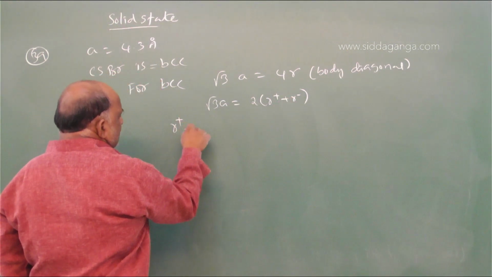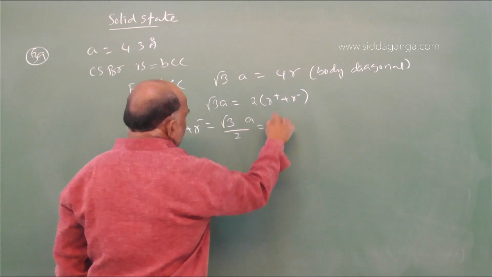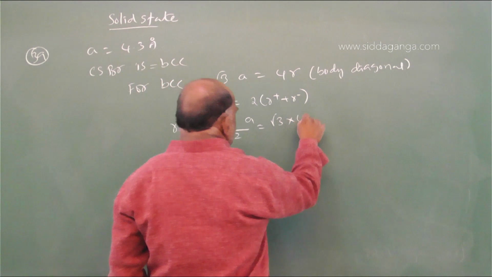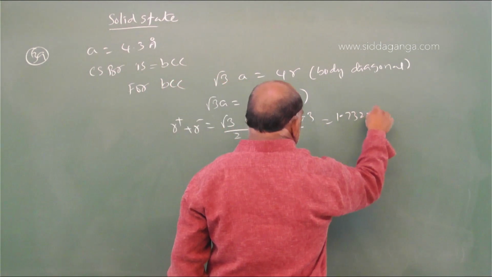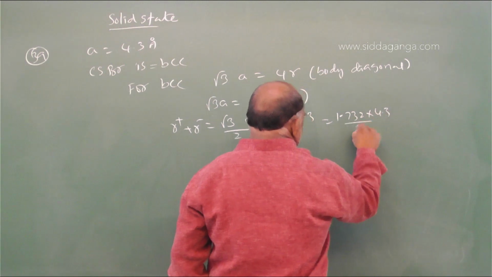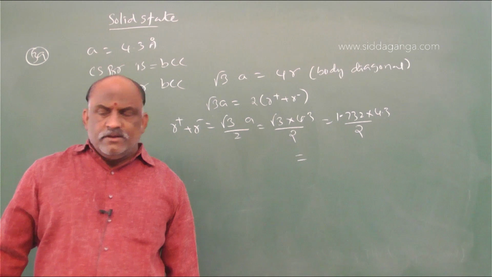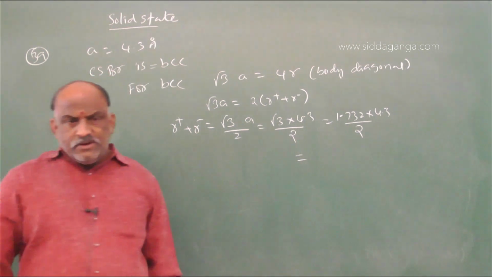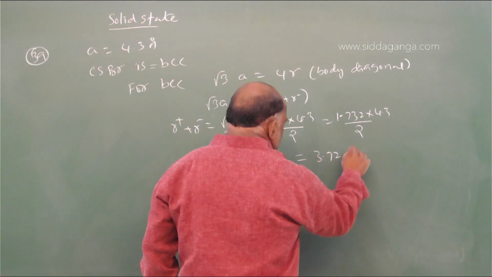So r plus plus r minus is equal to root 3a by 2, that is root 3 into 4.3 divided by 2, which is 1.732 into 4.3 by 2. On simplification you will get 3.72 angstroms.